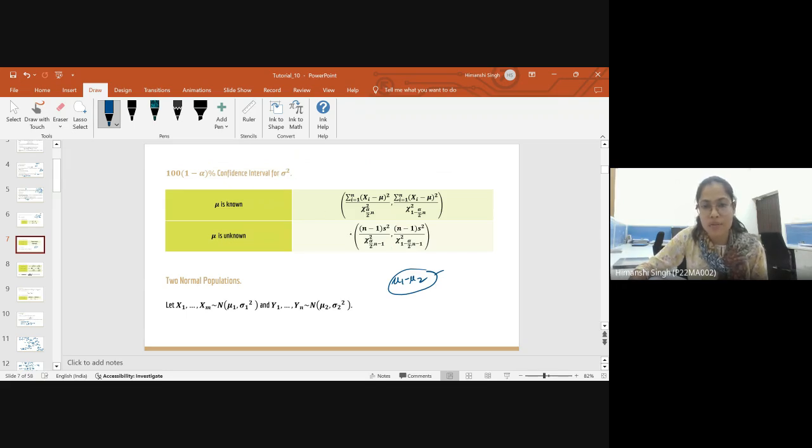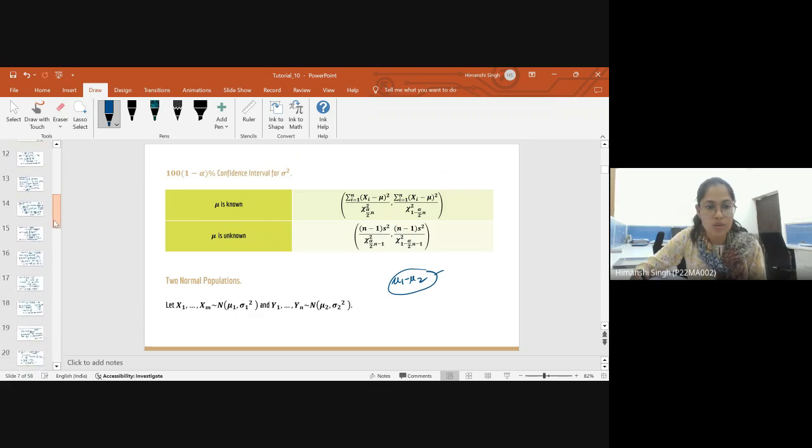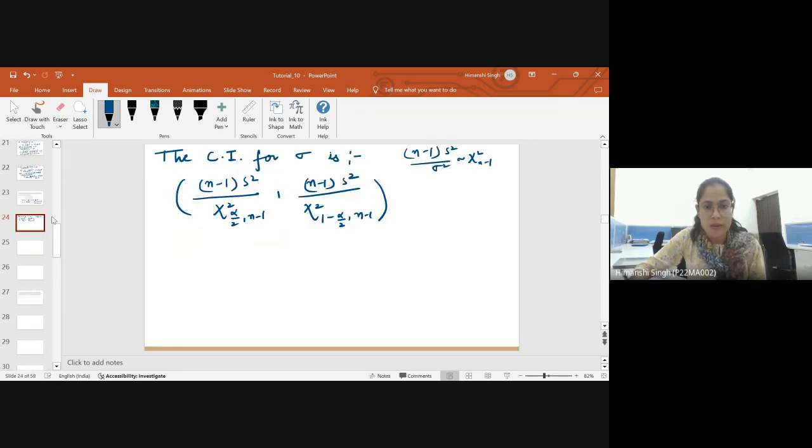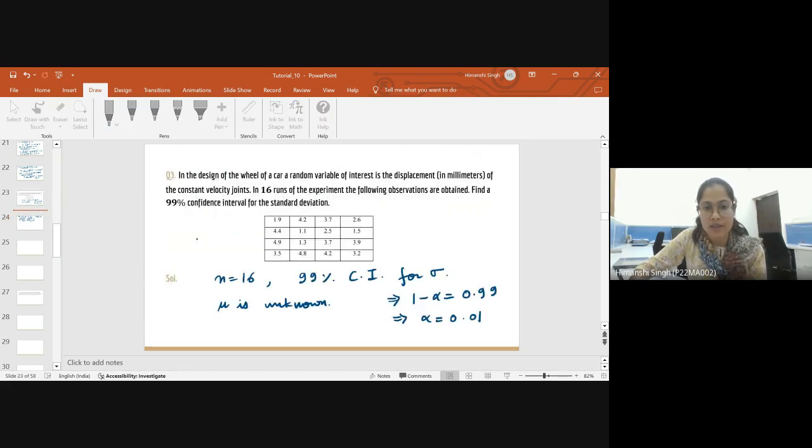For sigma, we will take the square root of both the things. Since mu is unknown, we will be using this. So we will take the square root of this quantity. Here we know that n is 16.